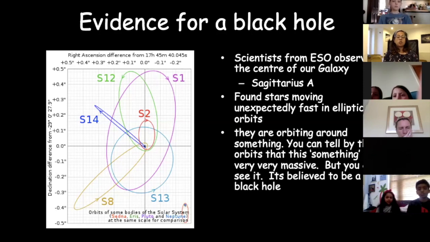And we believe it's a supermassive black hole at the center of our galaxy. So at the center of the Milky Way, and probably at the center of all galaxies, there is a black hole keeping everything together. So a bit like all the planets in our solar system going around our sun, all the stars in our galaxy go around a supermassive black hole at the center of our galaxy.